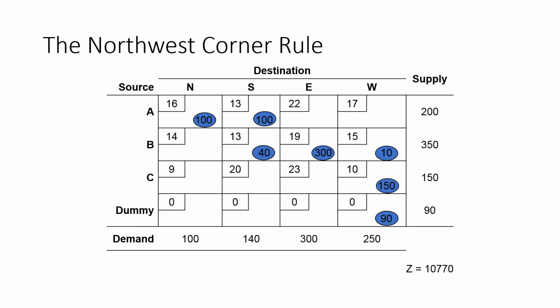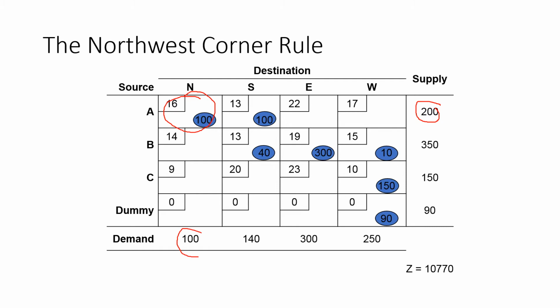In this case, it's the upper left corner. This corner is the northwest corner, always the upper left. Allocate as much as possible. Here the demand for this N node is 100, and the supply for this A node is 200.